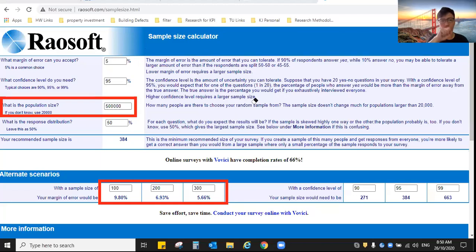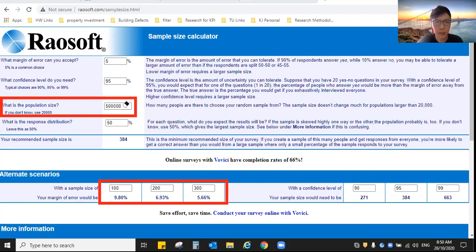Read slowly, then you will know what confidence level is. We keep this margin of error of 5% because it is a common choice. Confidence level 95% and response distribution 50%. There are different calculations out there; you just code accordingly. If you are using this, you reference a margin of error of 5%, confidence level of 95%, response distribution of 50%.